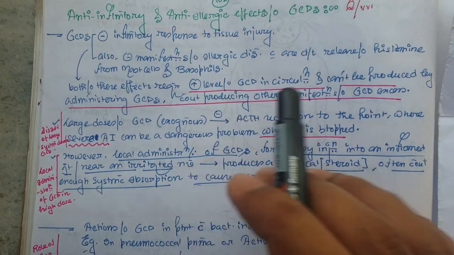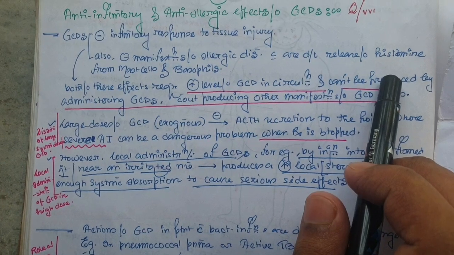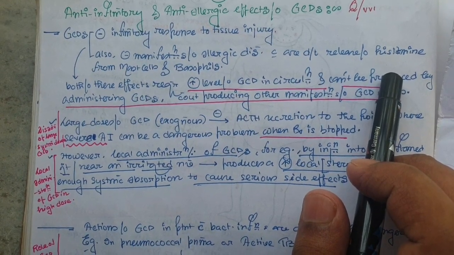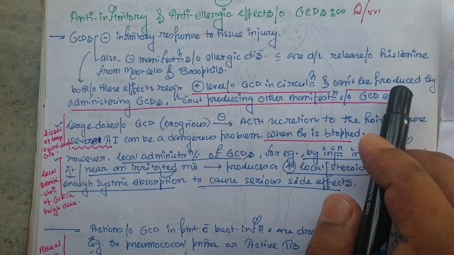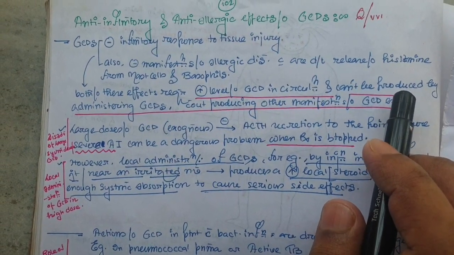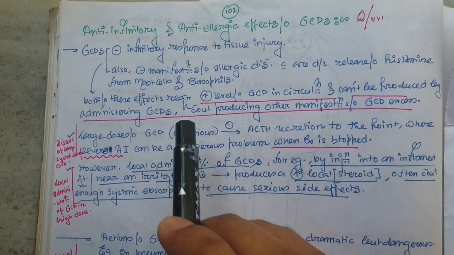Almost everyone knows that histamine is a major inflammatory mediator, and histamine is very much allergic to the skin, has a pruritic action on the skin, and is a vasodilator.